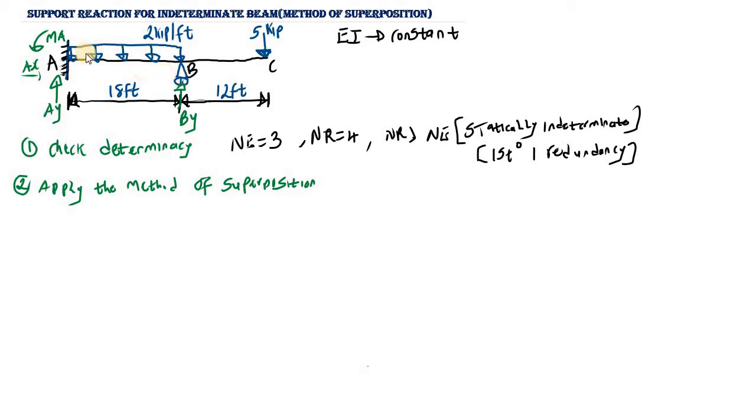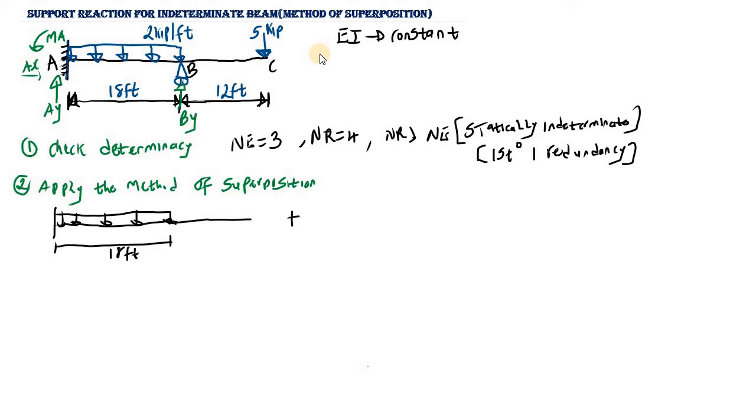The first load we have is the distributed load of 2 kip per foot, and the second load is the 5 kip point load. We're going to split this up. The first one looks like this: we have the distributed load, and this distance is 18 feet.